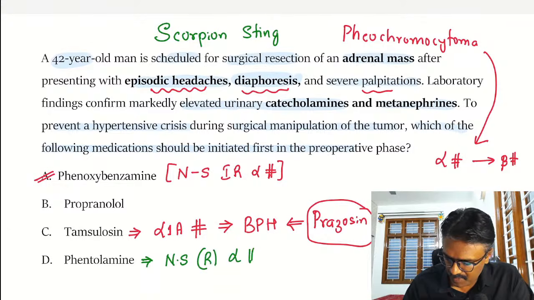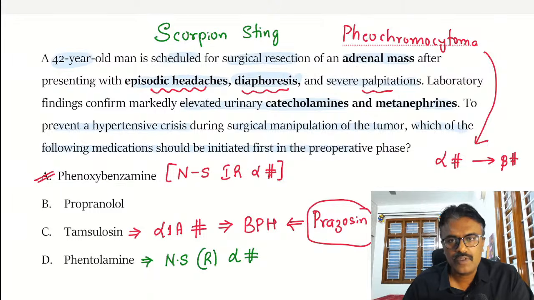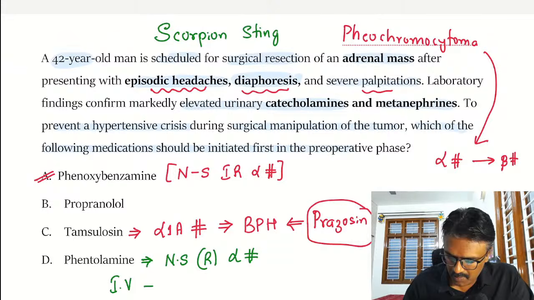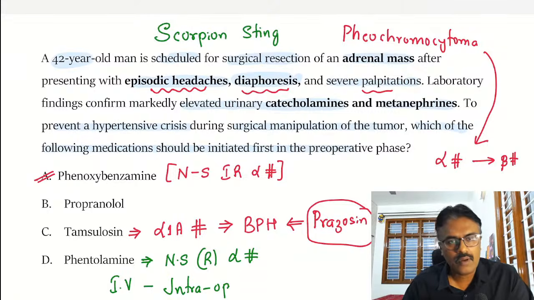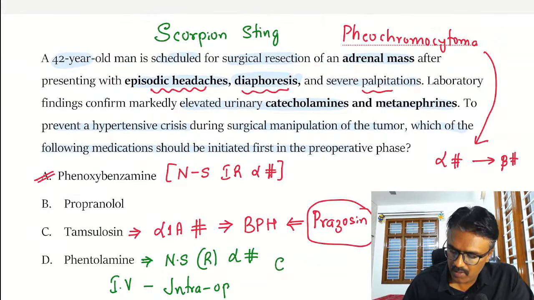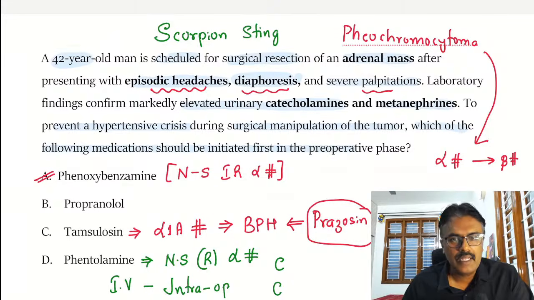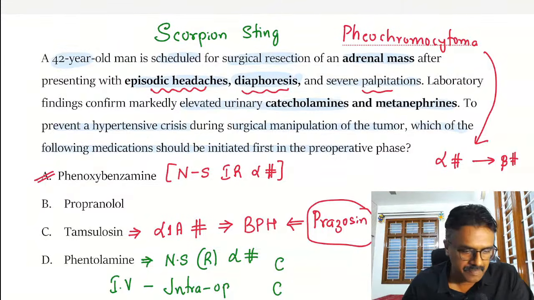And phentolamine is also used for pheochromocytoma. It is given IV for pheochromocytoma, but during surgery, that is intraoperatively. And not only that, we use phentolamine to bring down BP in two conditions, that is cheese reaction and clonidine withdrawal reaction.